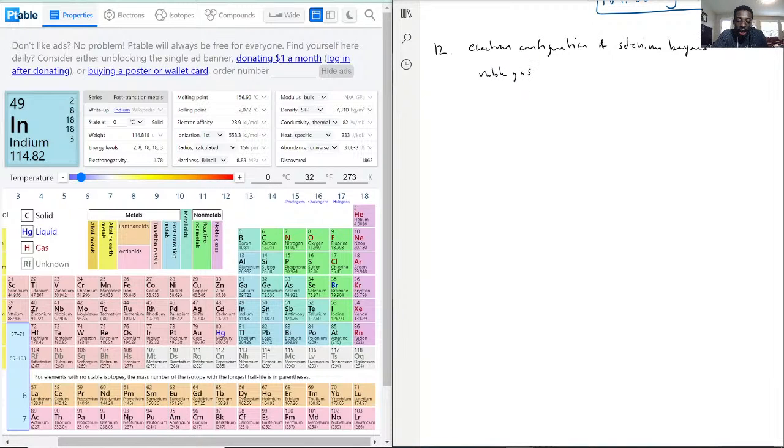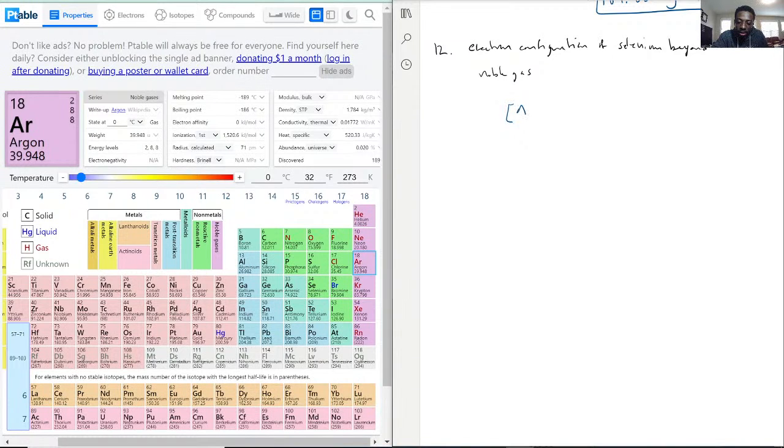Okay, so with that being said, actually I'm glad they said beyond noble gas, because we can use a shorthand version for the electron configuration. So we start at the noble gas that comes up right before selenium. Selenium is element number 34 right here, so the noble gas they're referring to is argon.